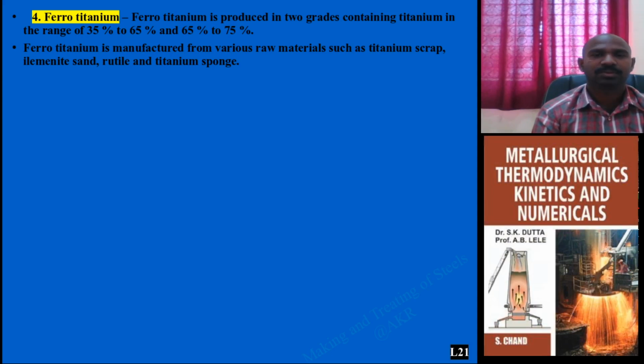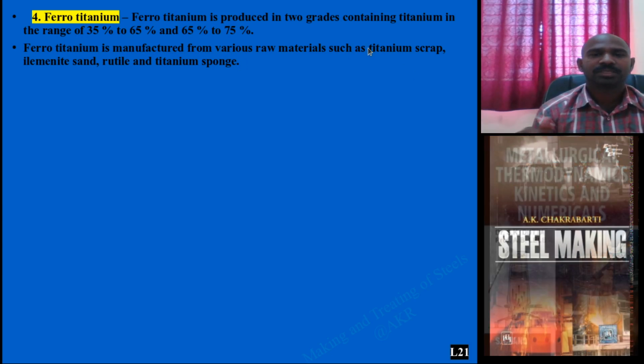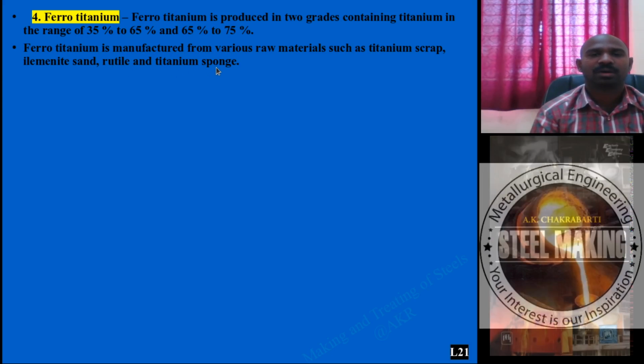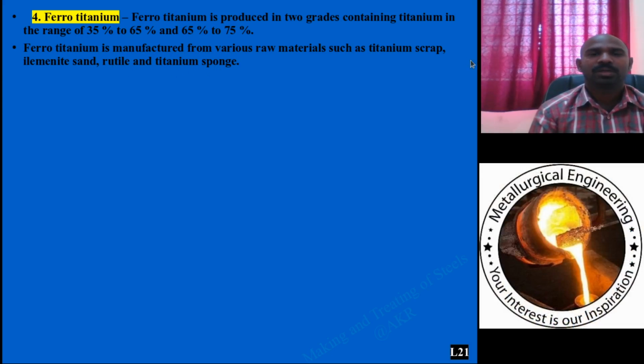Now coming to how it is manufactured, it is mainly made using raw materials such as titanium scrap or titanium ore such as ilmenite sand or rutile TiO2, or titanium sponge form, scrap form and sand form.